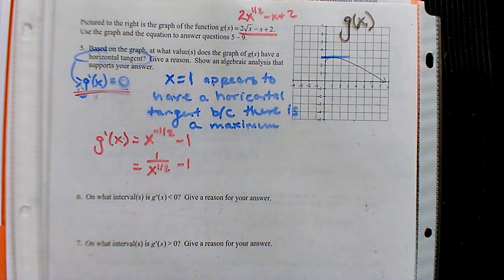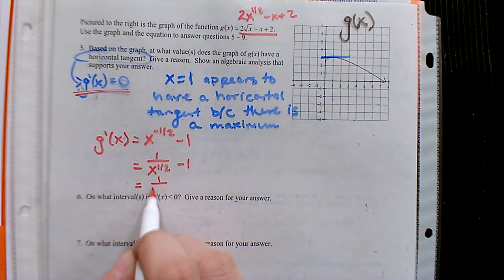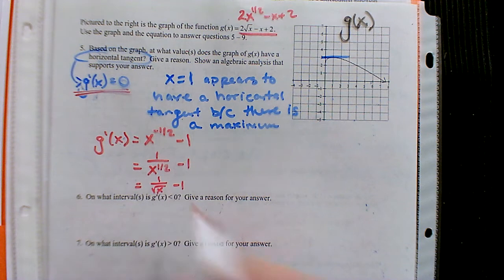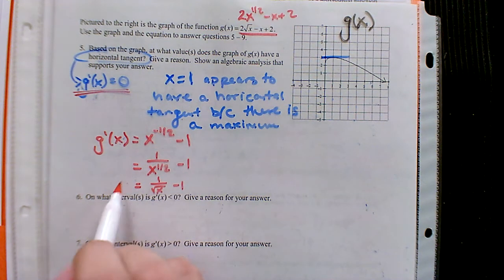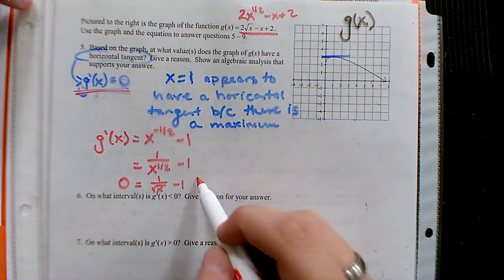And if you don't like working with fractional exponents, you can always turn them back into a root. So this would be 1 over the square root of x, minus 1. Okay, so there's our derivative. We're going to set it equal to 0 to figure out those horizontal tangent locations.